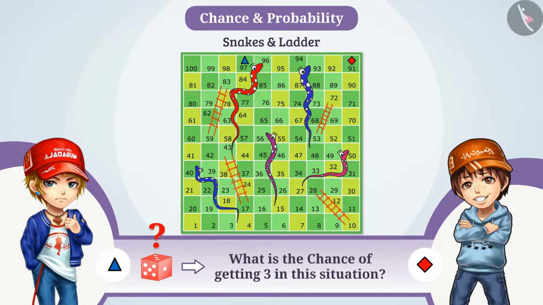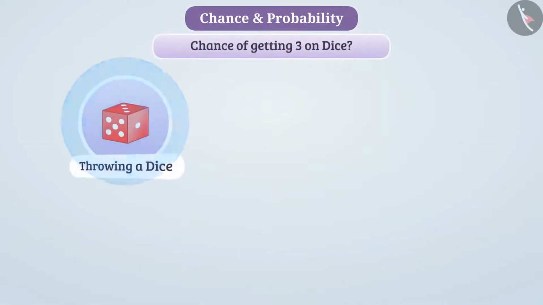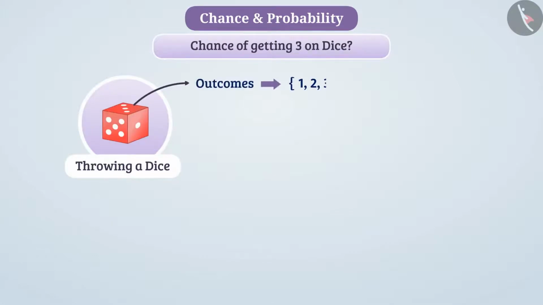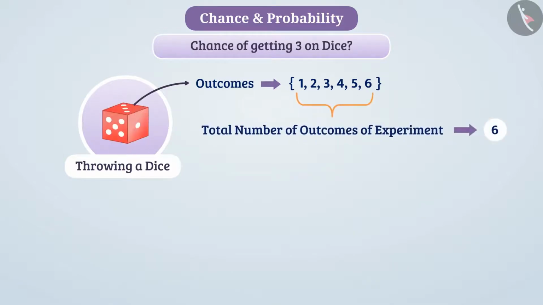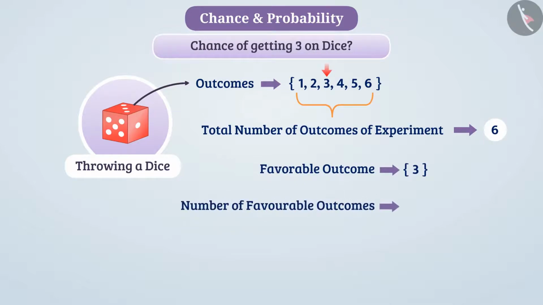Let me tell you. Throwing the dice is an experiment which can have outcome 1, 2, 3, 4, 5 or 6. We say that in the experiment of throwing a dice, the total number of outcomes is 6. Since we are required to get 3, the number of desired results, that is, the number of favorable outcomes is 1.